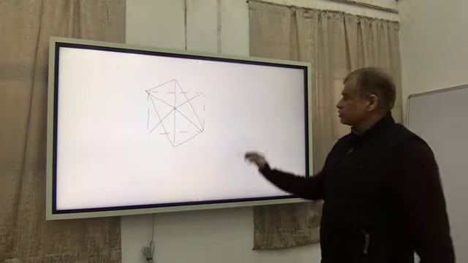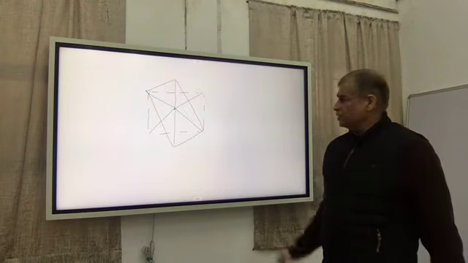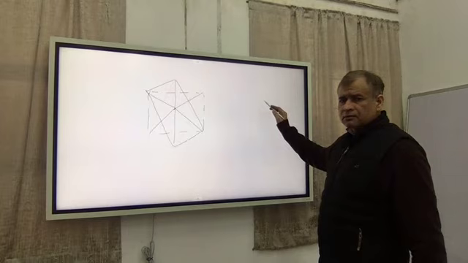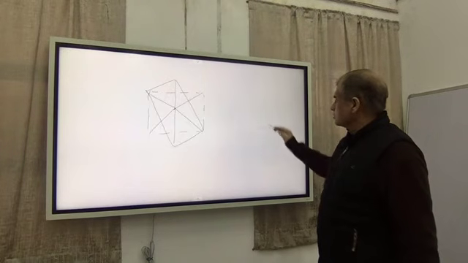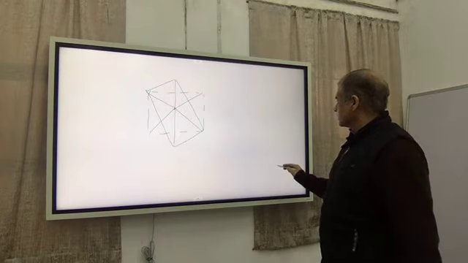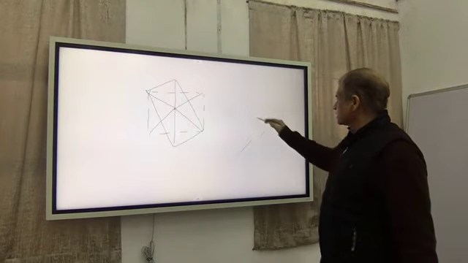I told you first you see a square, PtCl4. In PtCl4 there are 4 sigma vertical planes. 2 like this and 2 like this.